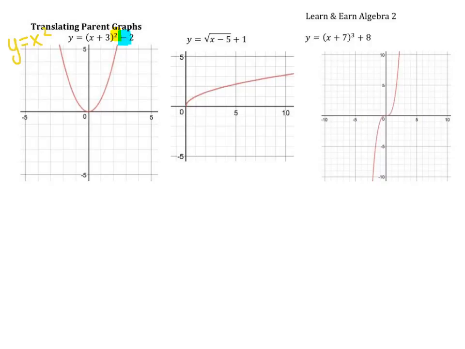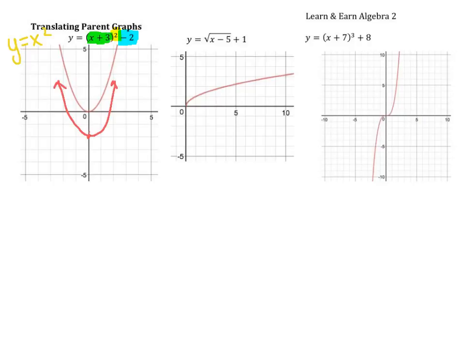This 2 outside here is going to tell me that the graph shifts down 2. So I'm going to come down 2 spots. And that's what it would look like if I shift down 2 spots. Now let's take a look at the x plus 3.